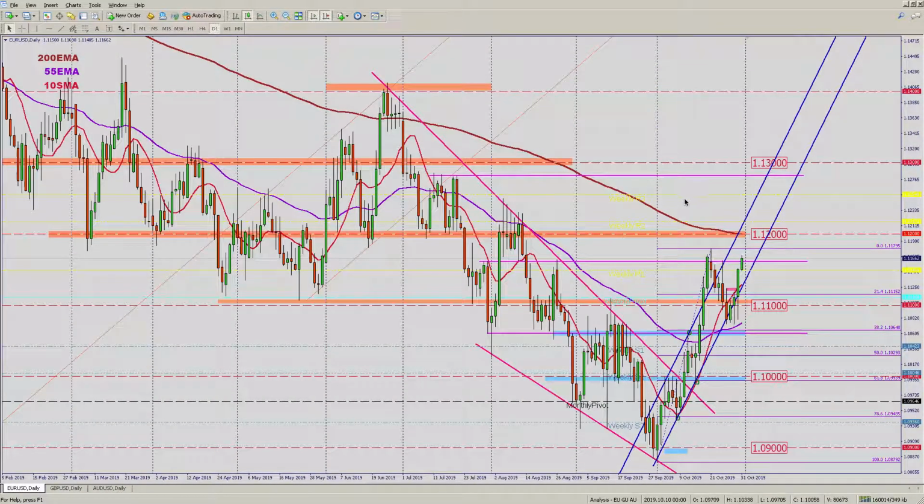Let's take a look at the daily chart again. It may not happen straight away, but if it does break higher above the previous swing high, then it potentially could target the 112 key resistance level, along with the daily 200 EMA, which is sitting exactly at the same level.